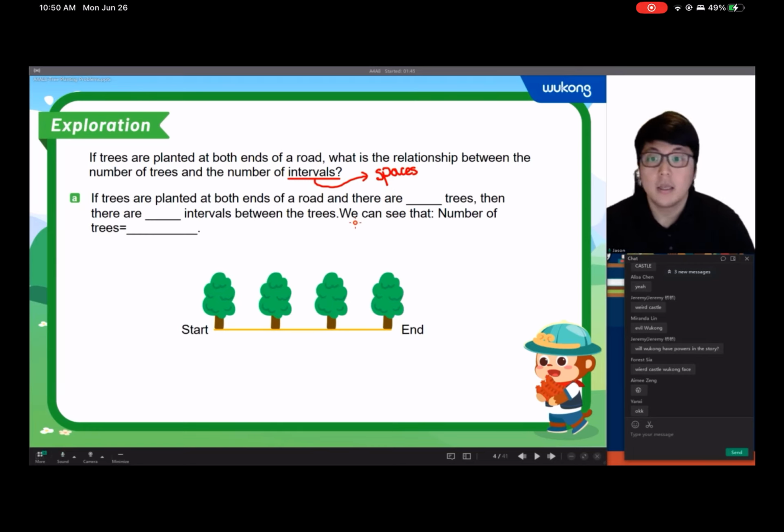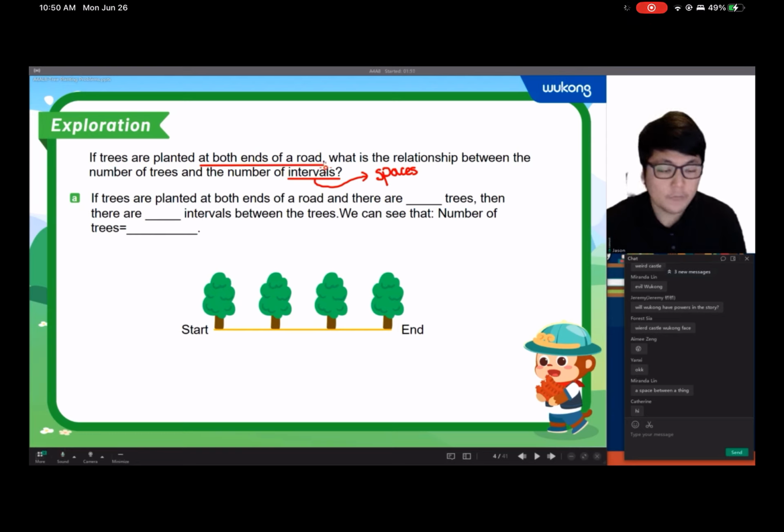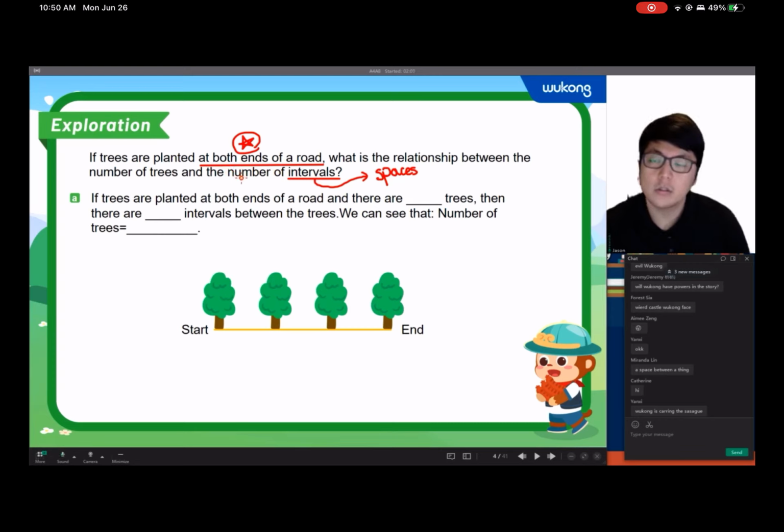So guys, if you read this question, if trees are planted at both ends of the road. Now this is very, very important in our question, guys. You need to check everything, right? And especially, guys, you need to check whether the question said at both ends. Okay, now if it's at both ends, what is the relationship between the number of trees and number of intervals, which is the spaces in between, right?